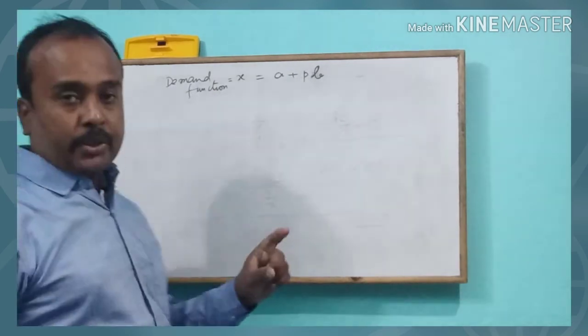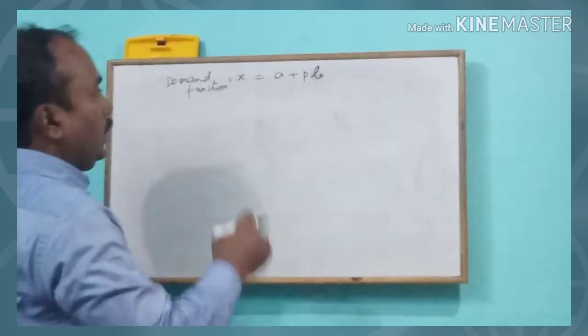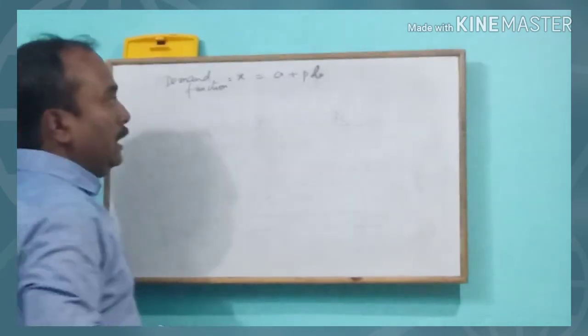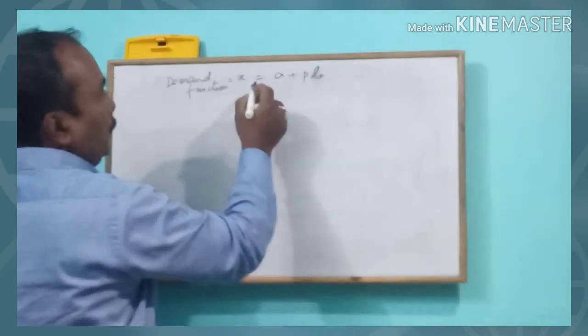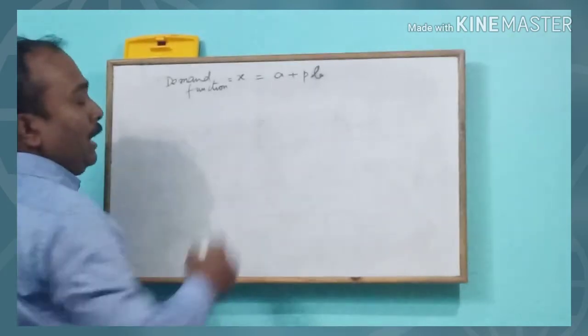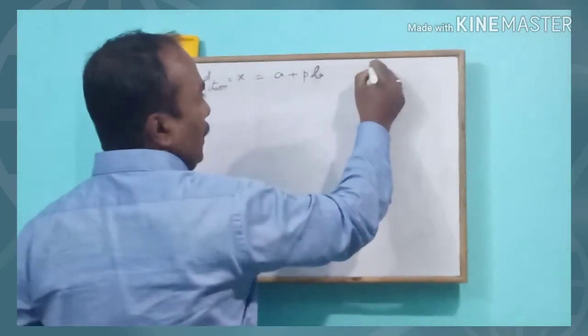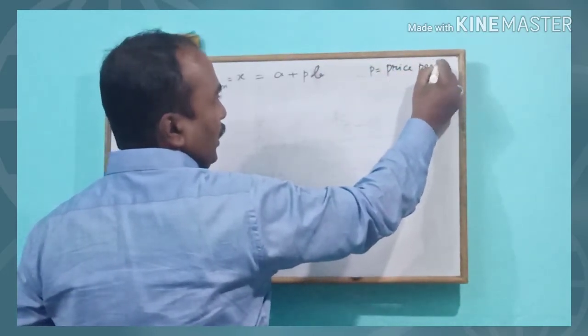So according to the question, the demand function is given a linear function. So linear function means it will be a function whose power is 1. So x is equal to a plus bp we have taken, where a and b are constant and p is the price per unit.